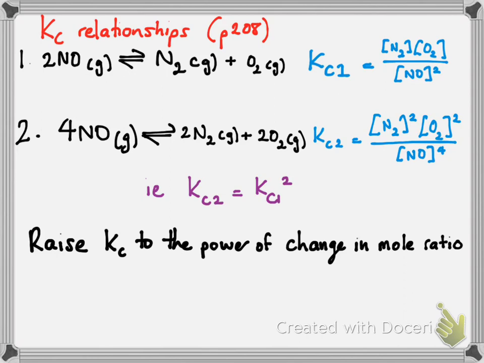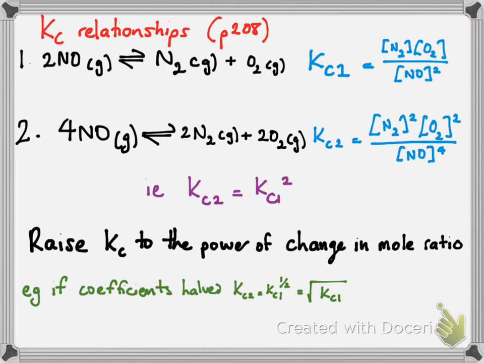Note, in this case, Kc2 is Kc1 squared, i.e. whatever you do to change the mole ratio, raise Kc to that power. If you tripled the coefficients, Kc2 would be Kc1 cubed, or if you halve the coefficients, it's the square root of Kc1.